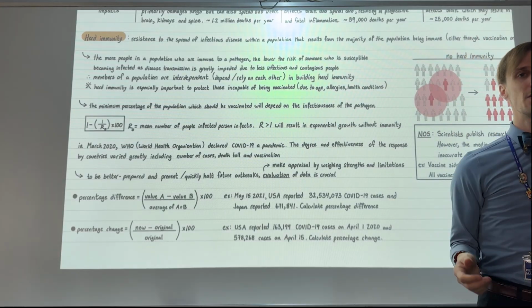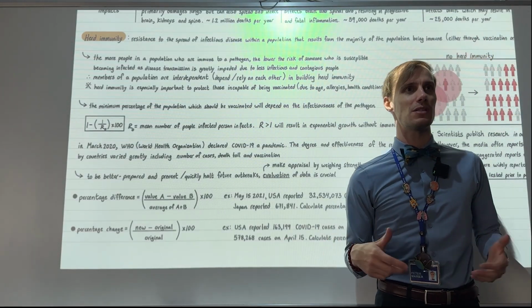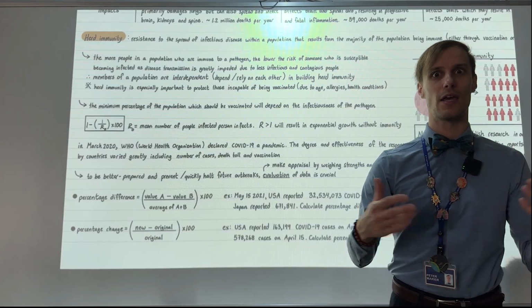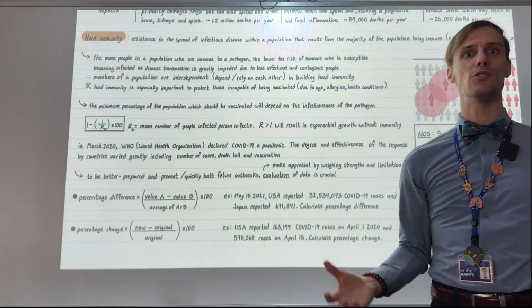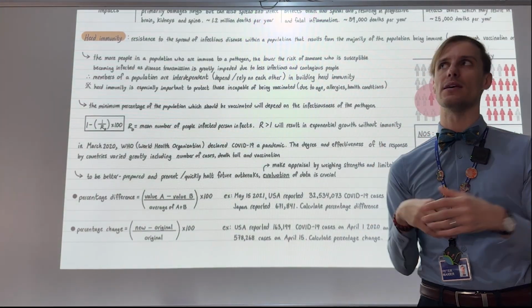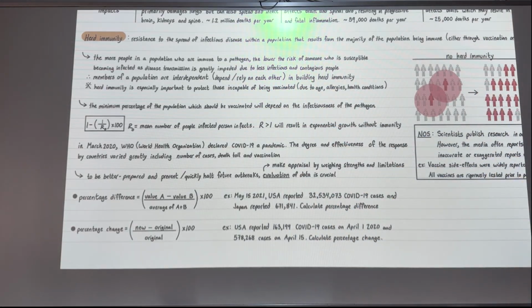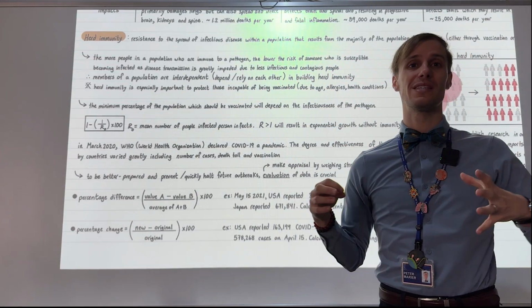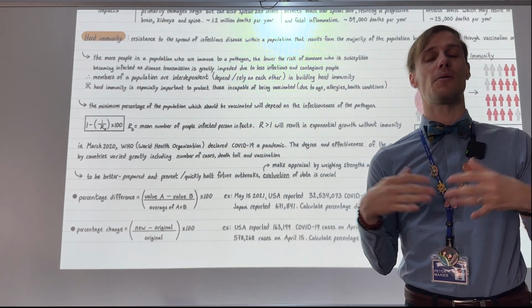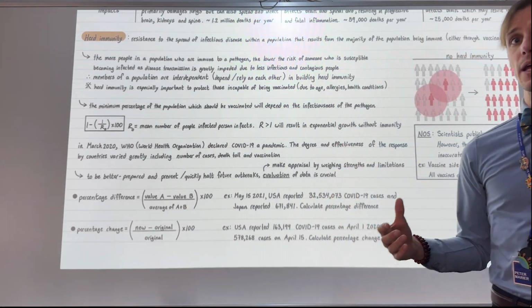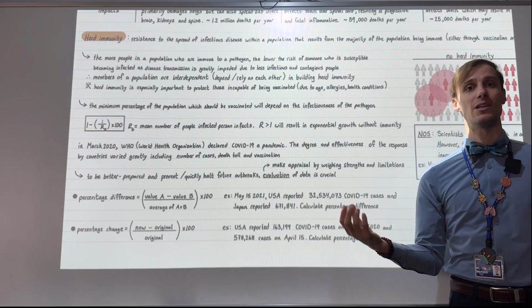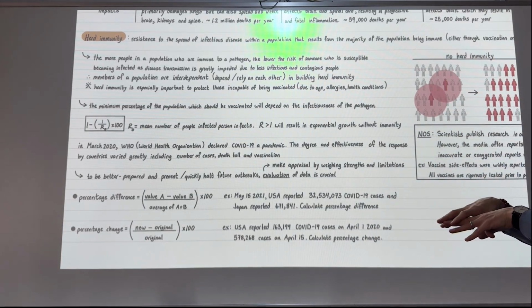Okay, so we just talked about all the ways that humans can start getting infected and spreading it around the world. Well, what can we really do about it? To really understand this is the concept of herd immunity. Herd immunity is trying to resist the spread of a disease in a population by ensuring that the majority of the population is immune to that disease.